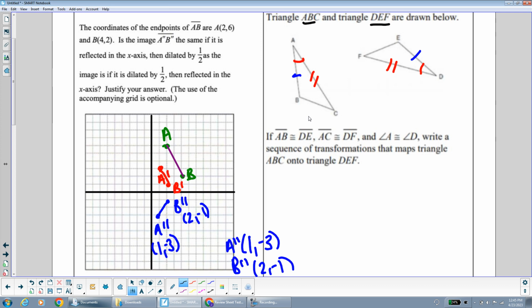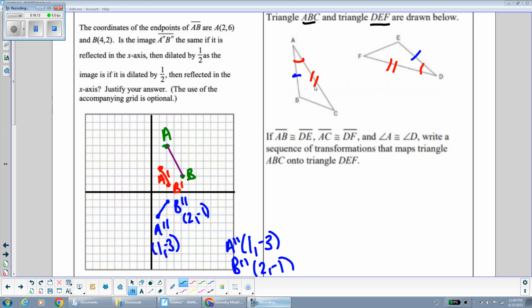So in order to describe this rotation, I know that we don't really have a grid here or any numbers. So it's going to be hard to describe exactly how we're rotating it, exactly what the degree measurement is that we're rotating it.